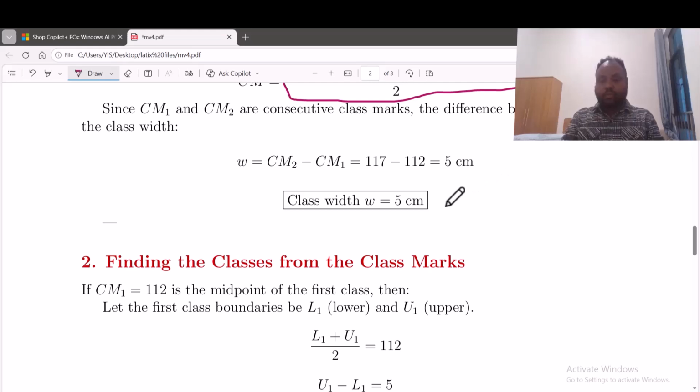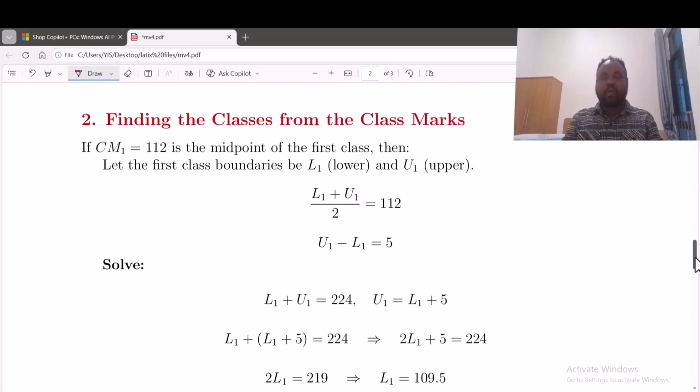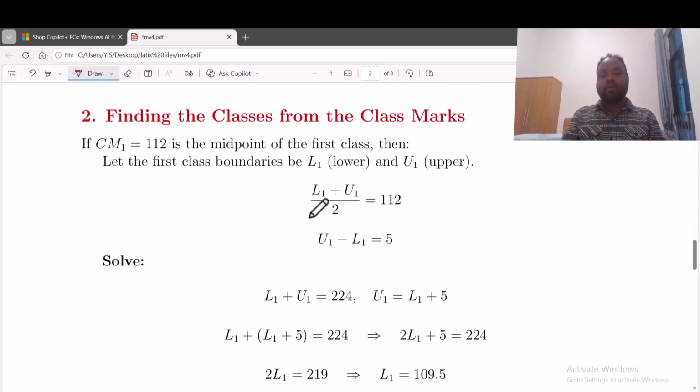So this 5 is obtained as the difference of the two class marks. The next step is finding the class boundaries from the class marks.